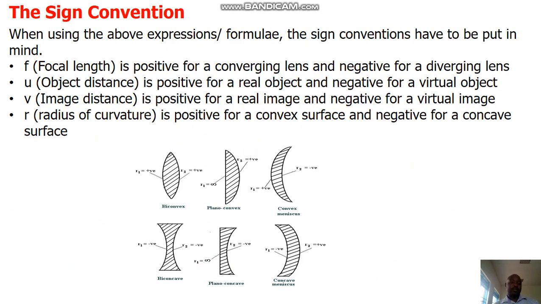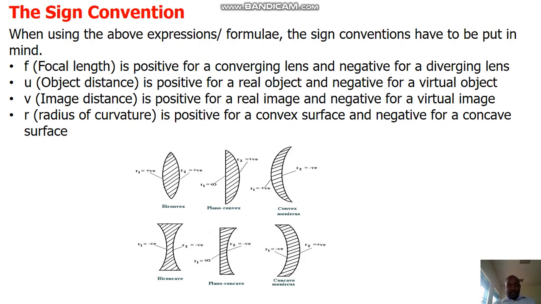The sign convention. When using the above expressions or formulae that we have derived, the sign conventions have to be put in mind. The focal length for a converging lens is positive, while the focal length of a diverging lens is negative.